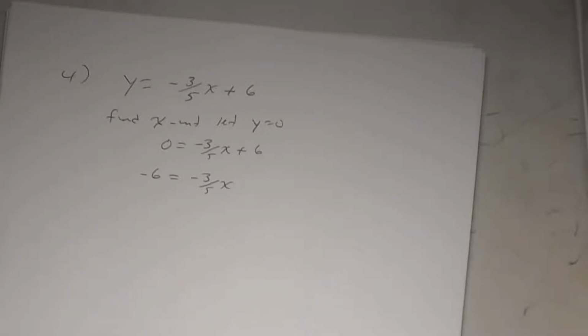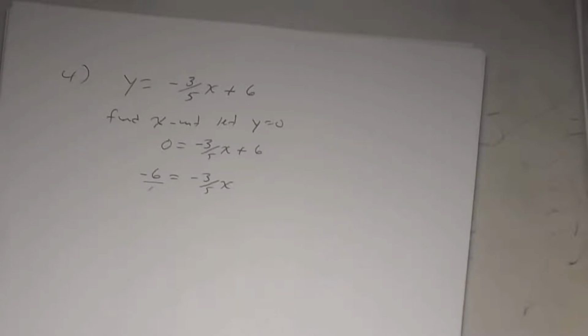What are your denominators? 1 and 5. What's the LCD? 5. So you'd multiply both sides by 5, and then you divide by negative 3. I'll do it both ways to show you. Let's do the first one that was mentioned, dividing by the coefficient.